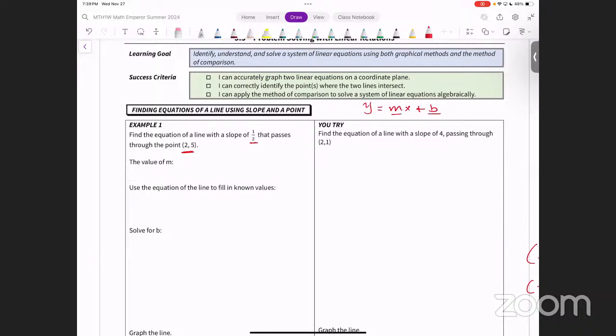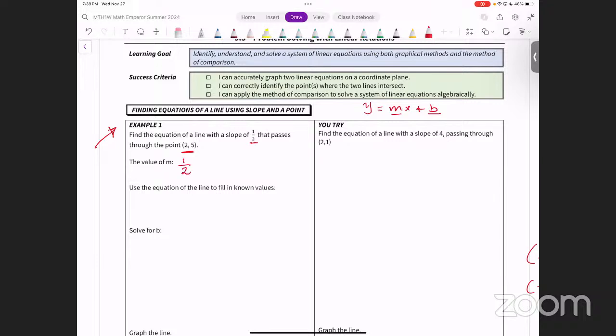Akshara, what is the slope of the line? Vaishali? 1/2.